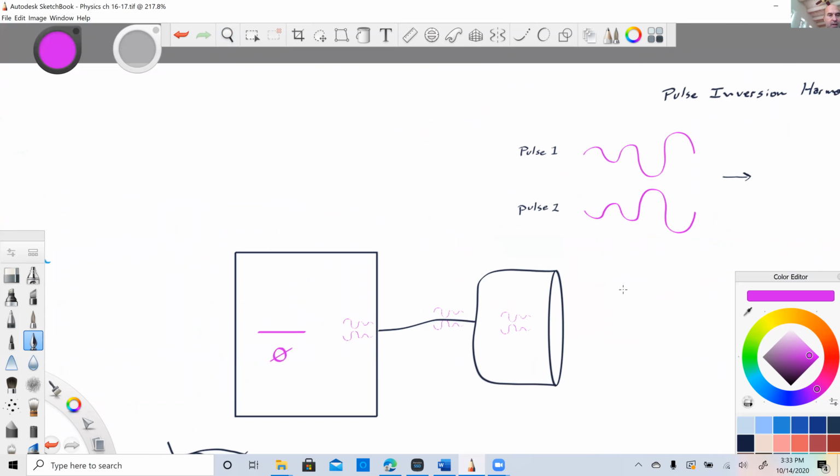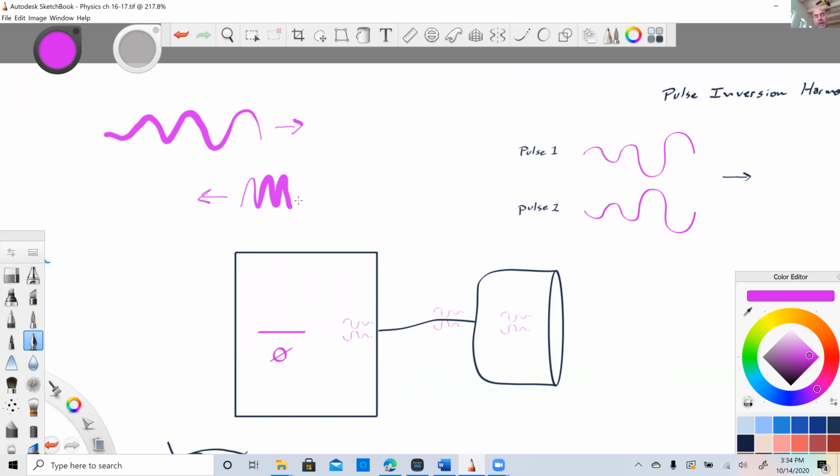A pulse of a fundamental frequency would go in, and then what would come out would be an echo of twice the frequency.